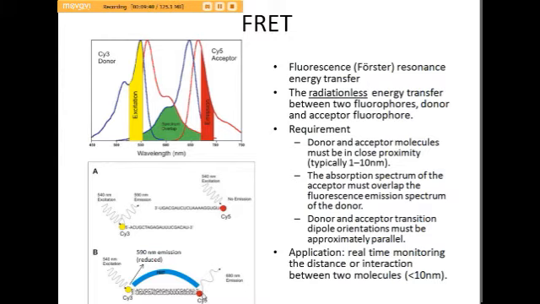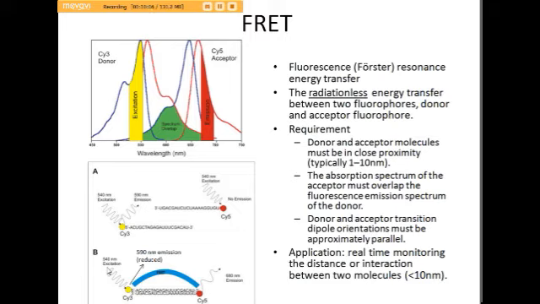So this is FRET. We can see that the excitation light excites the donor, and the donor passes energy by radiationless energy transfer to the acceptor. Then the acceptor is excited and generates the acceptor's characteristic emission light.